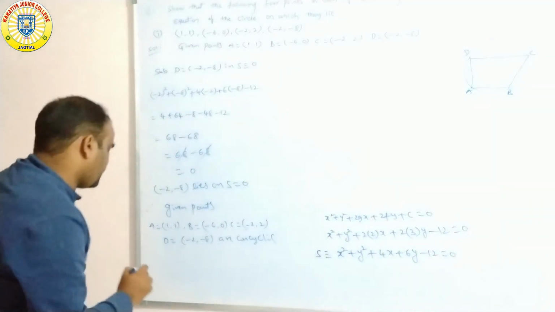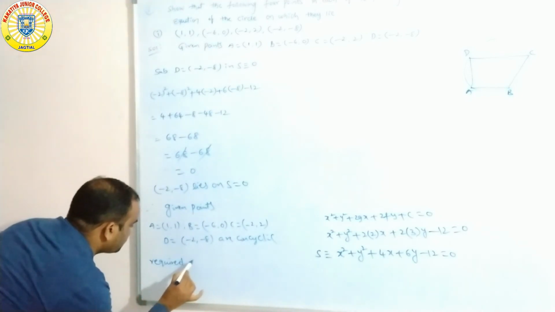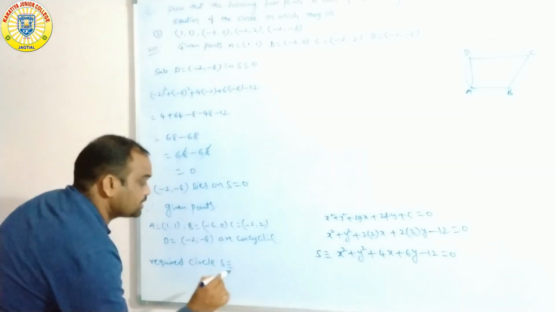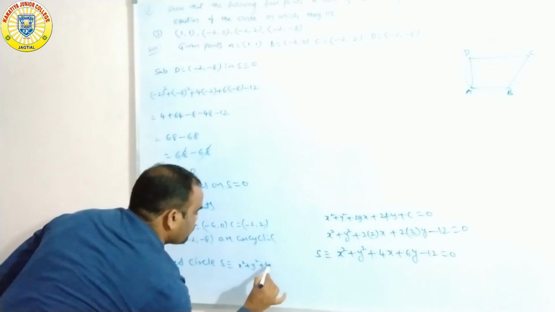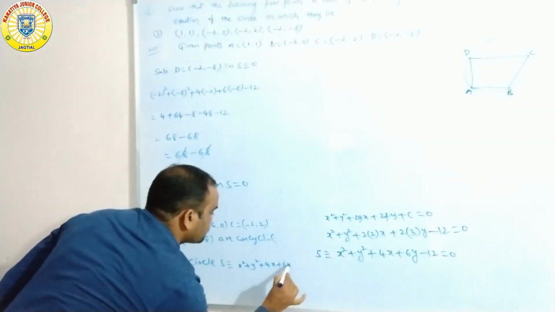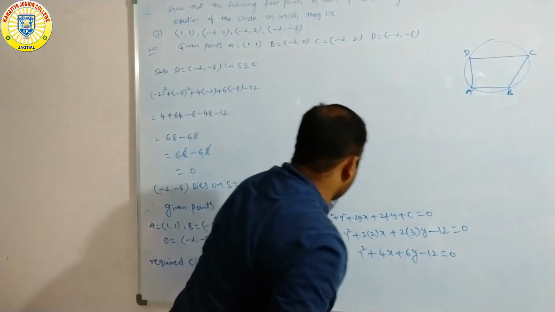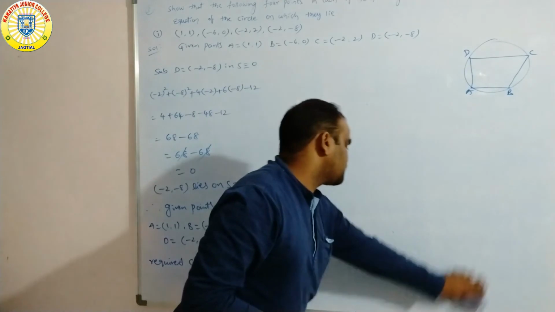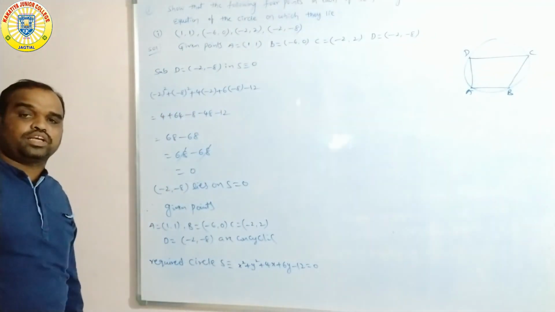The required circle S is equal to x square plus y square plus 4x plus 6y minus 12 is equal to 0. This is the required circle equation.